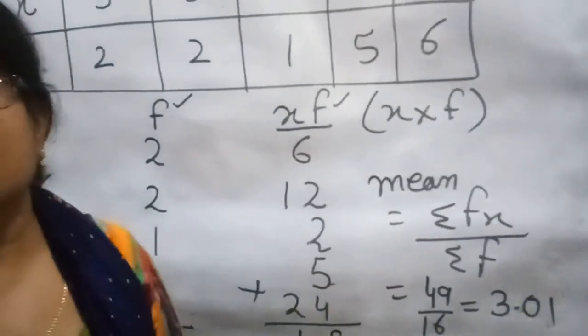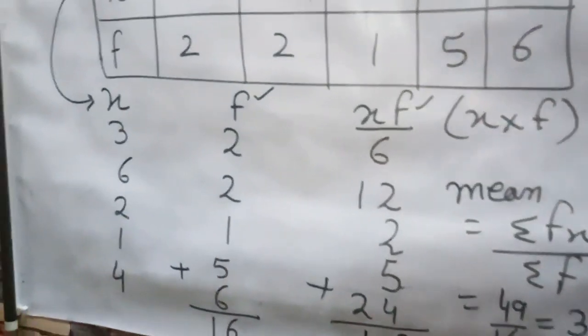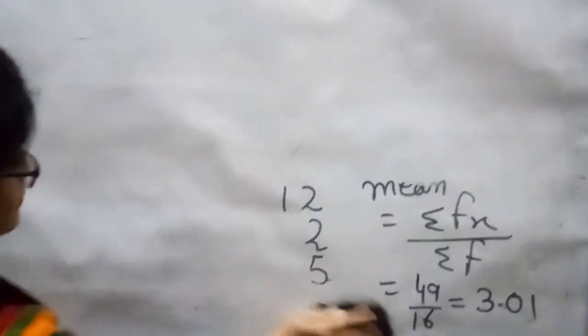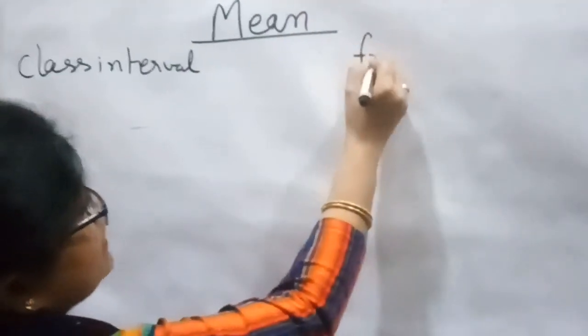Now the next method I am going to explain is known as the step deviation method for finding a mean. Just see over here. For example, we are given class interval and frequency.